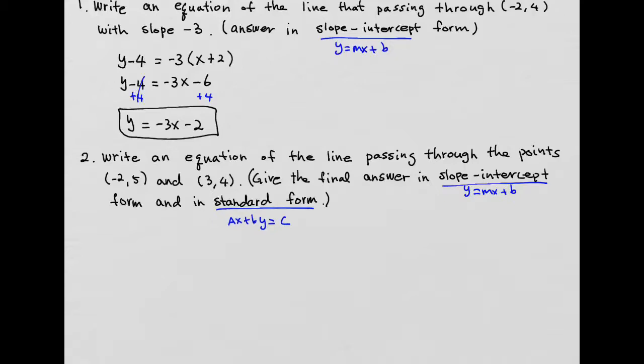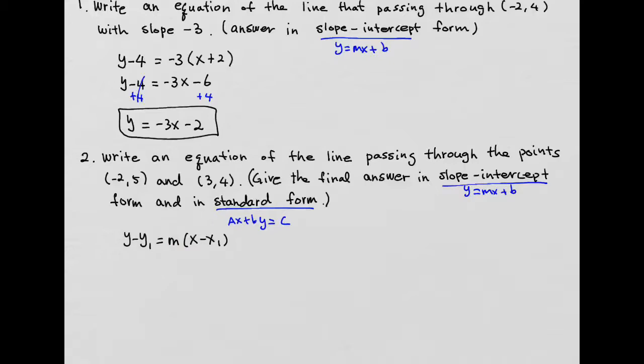Okay, so then let's see. We know that we're going to use the point-slope form, which is y minus y1 equals m times x minus x1. And we understand we need to have one point and a slope.